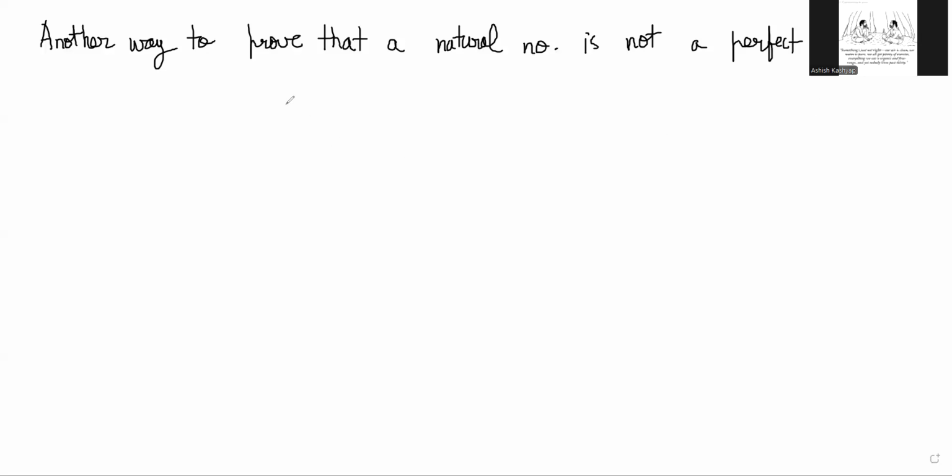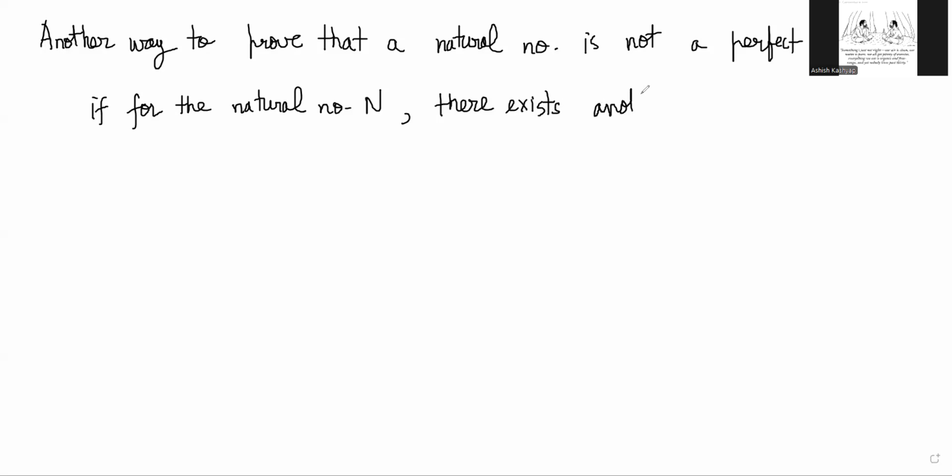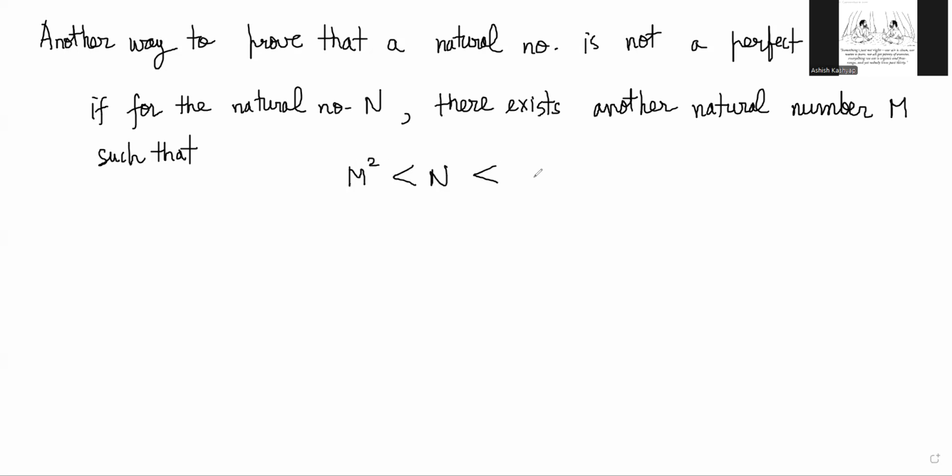Another way to do it is if for the natural number n, there exists another natural number capital M such that M square is less than n is less than (M plus 1) whole square.